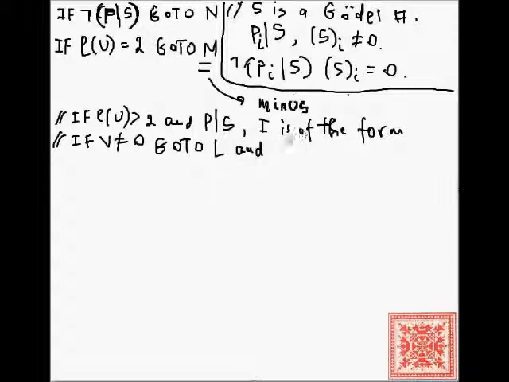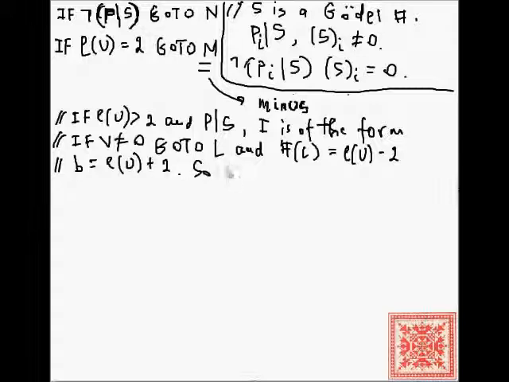And the number of label L is equal to L of u minus 2, because the Gödel compiler actually adds 2 to the number of the label, so we have to subtract 2. That value is put into the pair by the Gödel compiler.